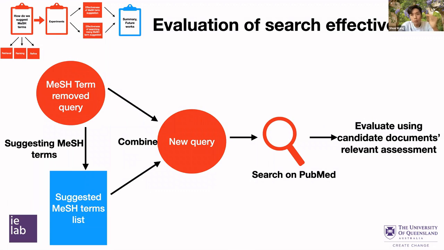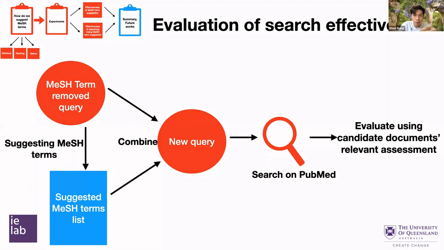Therefore, we have also made another experiment that can further investigate the effectiveness of these MeSH terms using the actual searched results. Here is a diagram of how it works. After we use the suggestion method, we have the suggested MeSH term list. We then combine the suggested MeSH terms with the MeSH term removed query to form this new query.